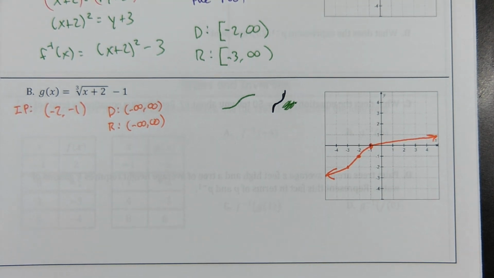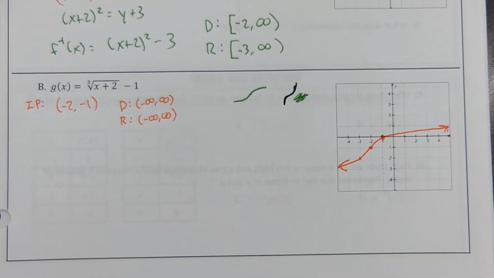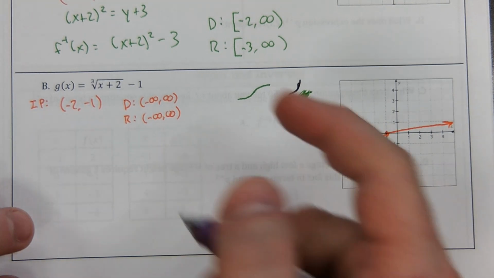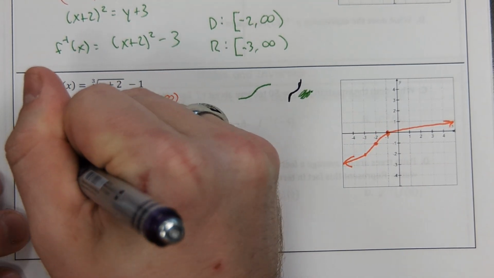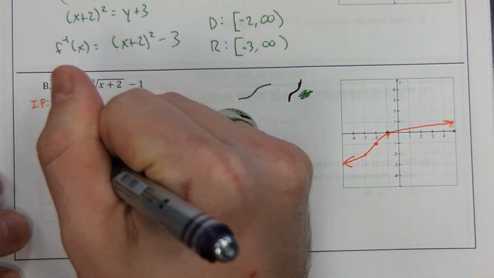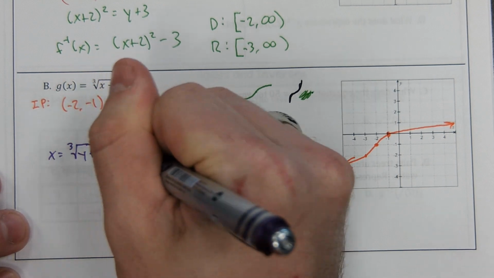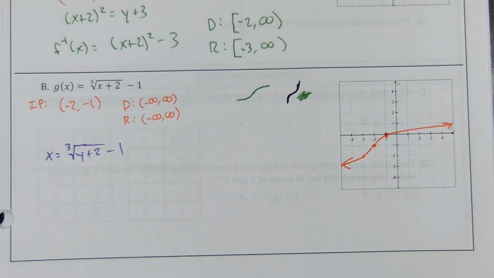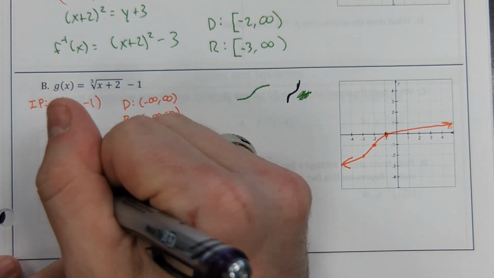Let us switch x and y. X equals cube root of y plus 2 minus 1. Now it's just like the other one. Add 1 to both sides.